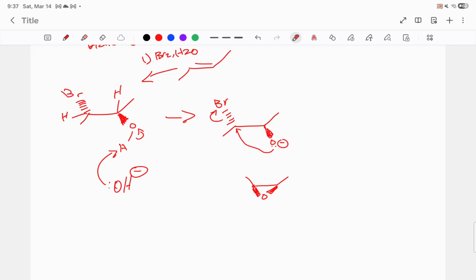It's going to invert the configuration at the carbon bearing the leaving group. What that means is that this hydrogen is here, it would have been like this, but now that hydrogen is actually going to become like this.